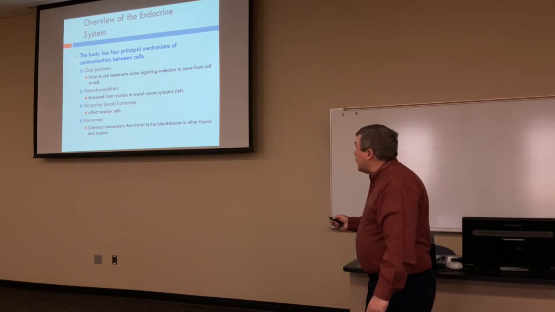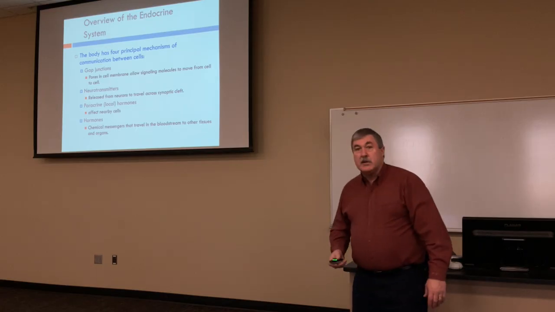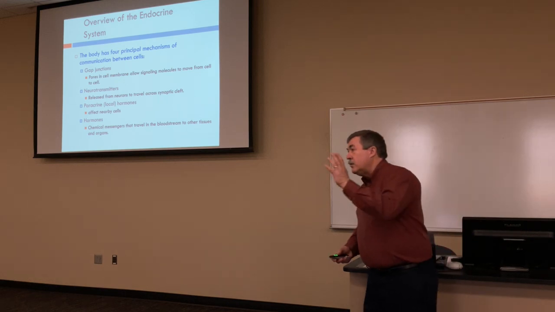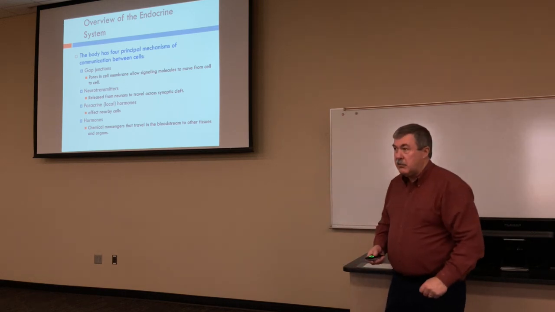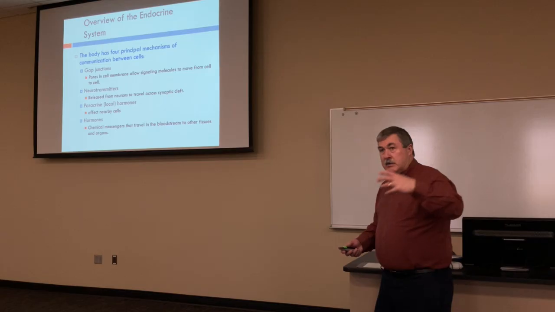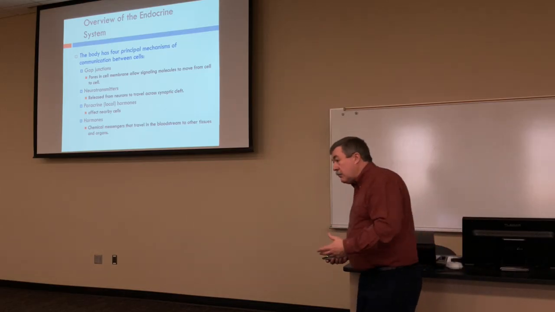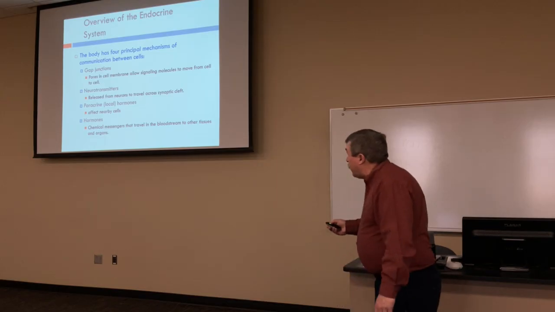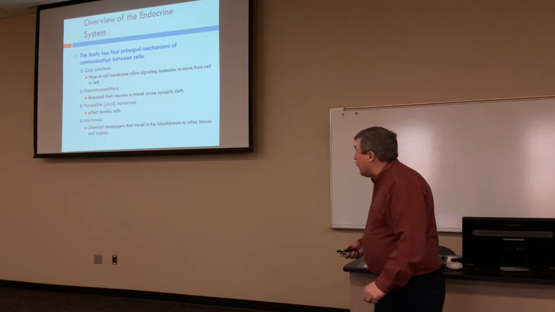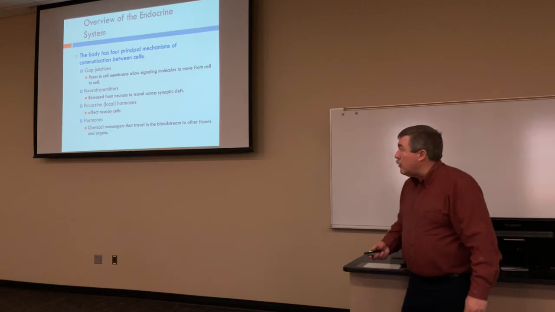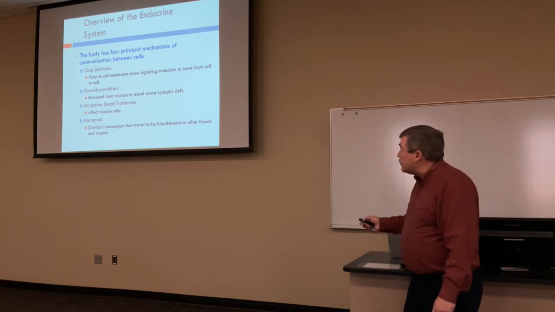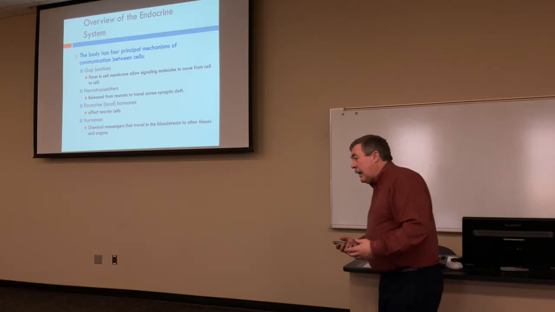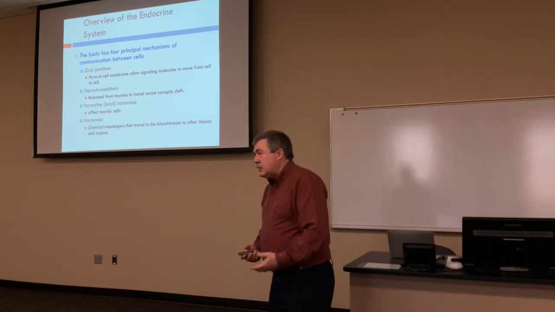Another way that cells can communicate is by way of neurotransmitters. That allows one presynaptic neuron to communicate with a postsynaptic neuron. Okay? Neurotransmitters are the signaling molecules found in the nervous system. A third way is through paracrines or paracrine hormones. Paracrine hormones are chemical messengers that are produced by one cell, and they affect adjacent cells.